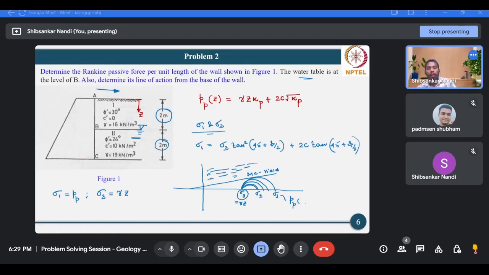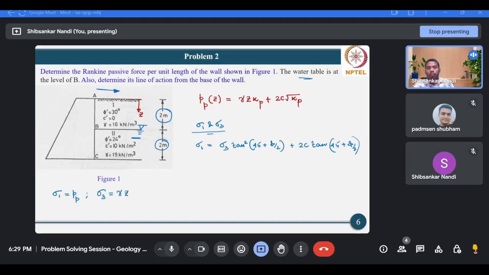Okay, now it will depend on the overburden, because as you go deeper, you will have more overburden. As a result, you will have increased passive earth pressure. Resultant in the sense that you have to take the area of the distribution, then only you can get the resultant passive force.